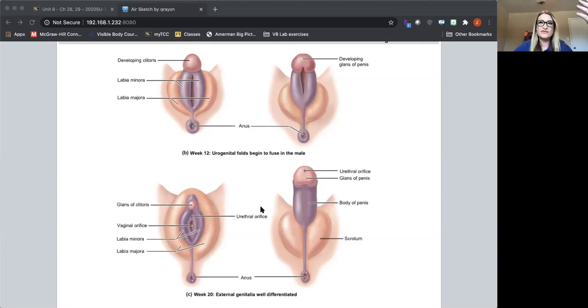As for the reproductive system and aging, when females age, they eventually stop maturing gametes. So females don't produce gametes forever, okay? Around the later 40s or early 50s is when females enter menopause.